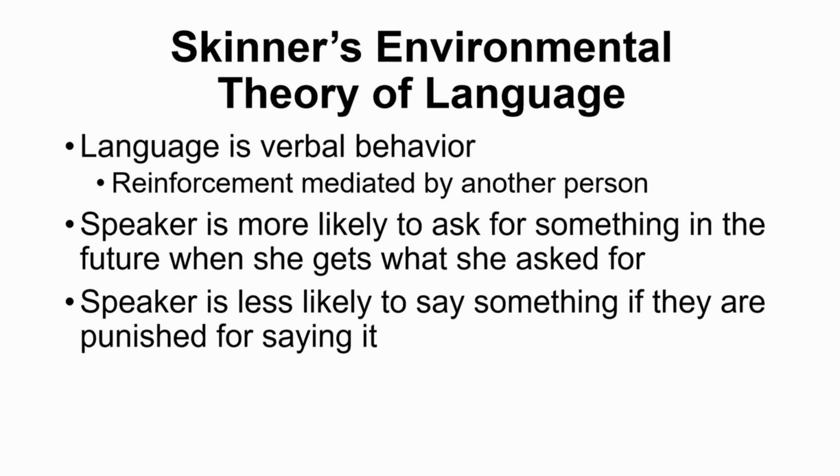You're going to get in trouble. You would then be less likely to run that stop sign in the future. So you are more likely to do good behaviors because they get you good consequences, and less likely to do bad behaviors that get you bad consequences. We see a shift in your behavior to do the right things and avoid the wrong things because of what you've learned through your interactions with your environment.